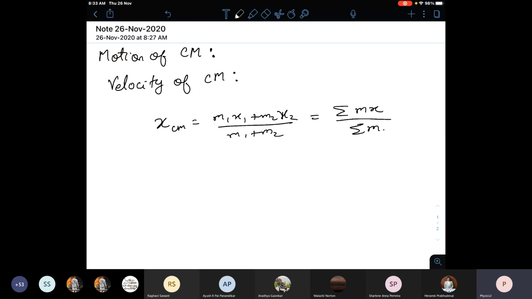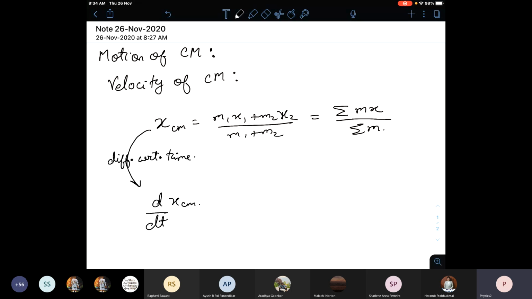Now suppose you differentiate this. What will happen if you differentiate this equation with respect to time? It should become d x cm by dt. x is representing your displacement, in a manner your position vector.